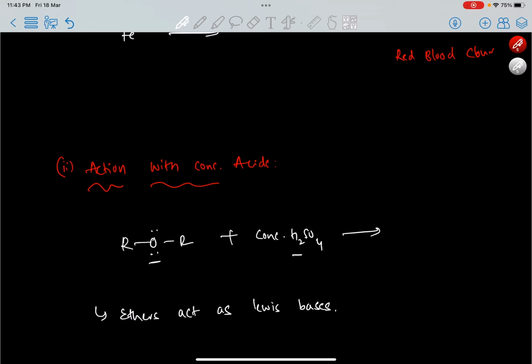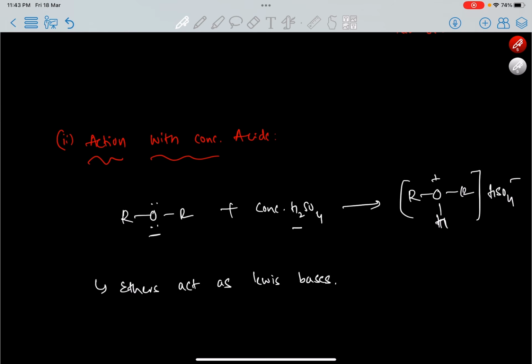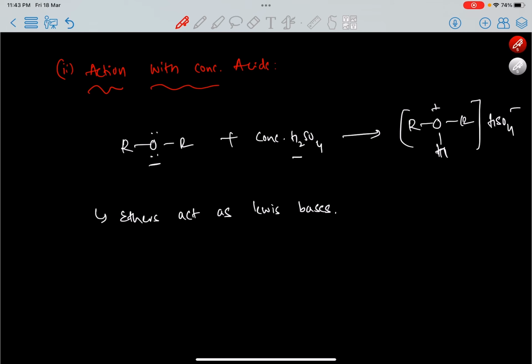So as a result, we have the formation of salt here. So this is ROR. Since it is abstracting proton, it will get this positive charge and the remaining anion. So this is the salt we get when ethers react with concentrated acids. So this is the second reaction.